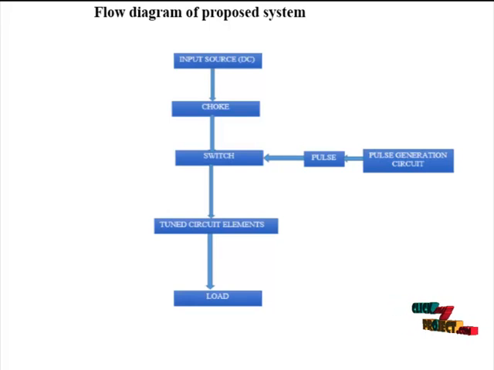The first passive element is the resistor. A resistor is a primary type of physical component that is used in electronic circuits. It has two leads.